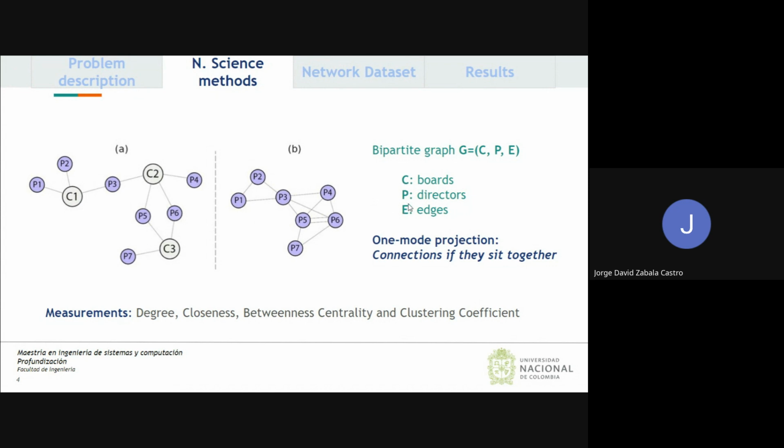Then they made a one-mode projection, so the directors are connected if they sit together. Finally, they made measurements of path length, diameter, density, closeness centrality, betweenness centrality, and clustering coefficient.